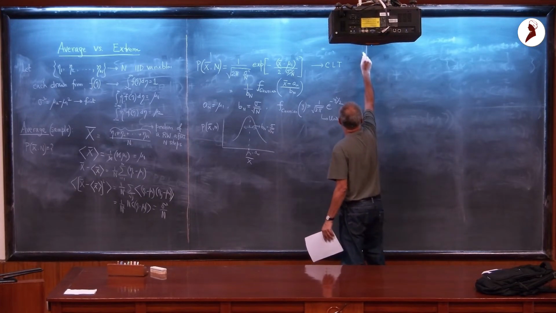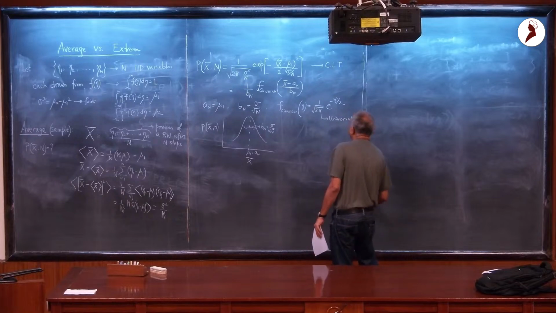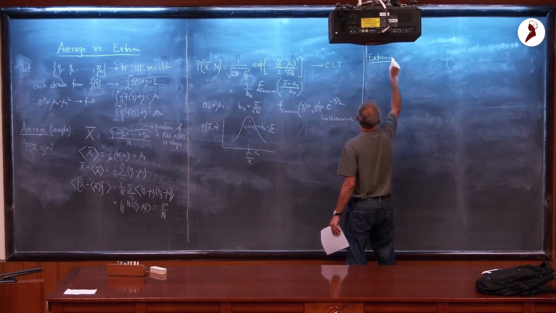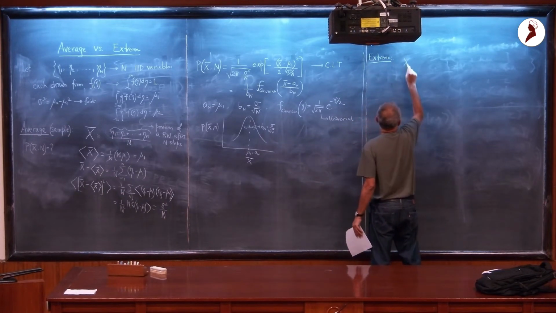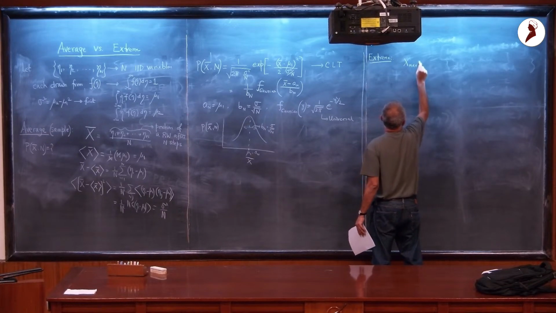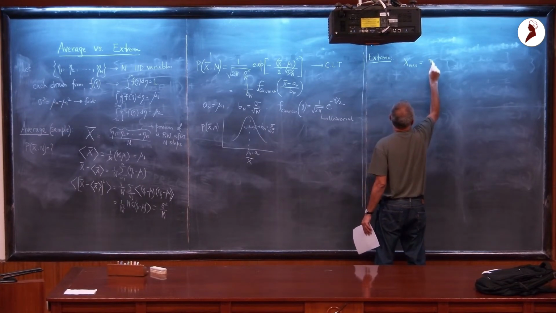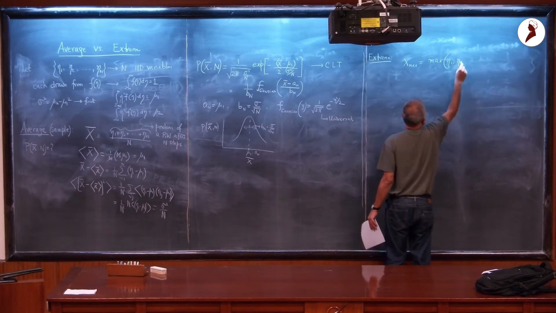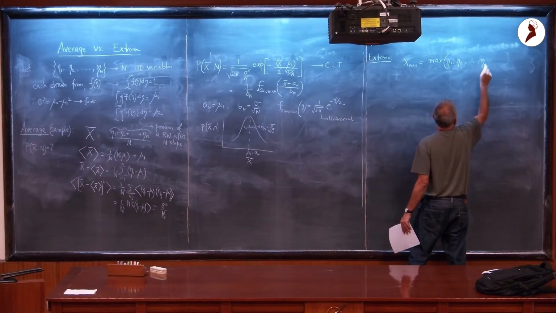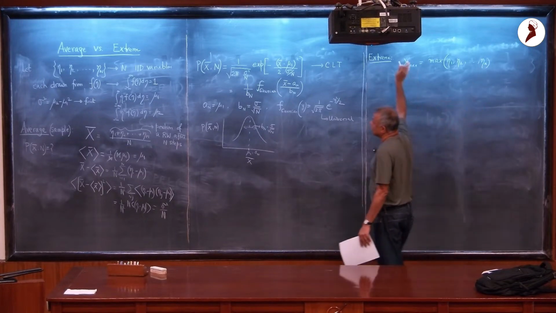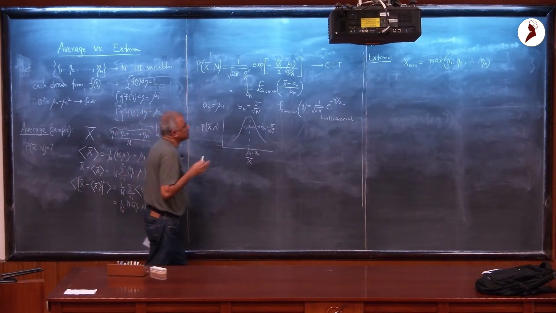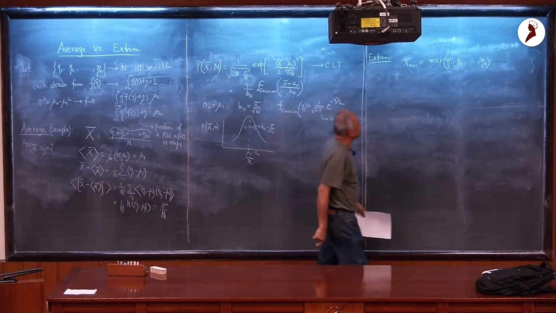And now we discuss the extremes. In particular, the maximum. So we looked at x max equal to, so again IID variables. Okay. So x bar was just this definition, sum divided by n, and x max is just the maximum of these IID variables.